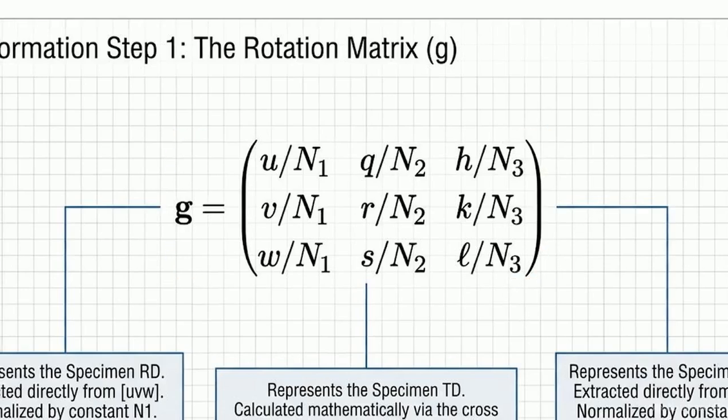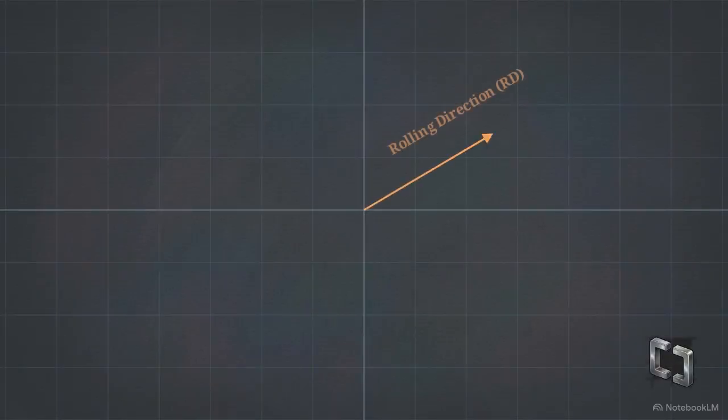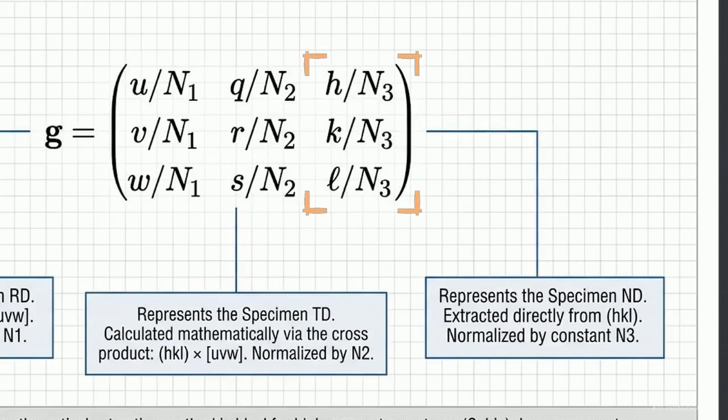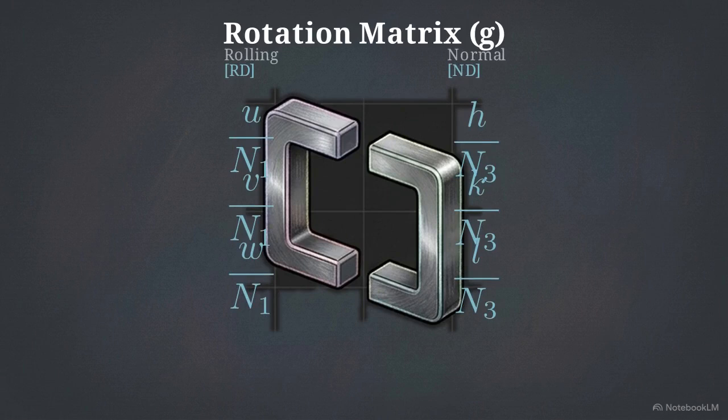The values in the first column are extracted directly from the UVW Miller indices, representing the specimen's rolling direction. To maintain mathematical integrity, we divide these raw values by a constant, n1, ensuring the vector is properly normalized. The third column pulls directly from the HKL indices to represent the normal direction, and is similarly normalized by the constant n3. These two outer columns now hold the exact mathematical equivalence of the surface and rolling directions.